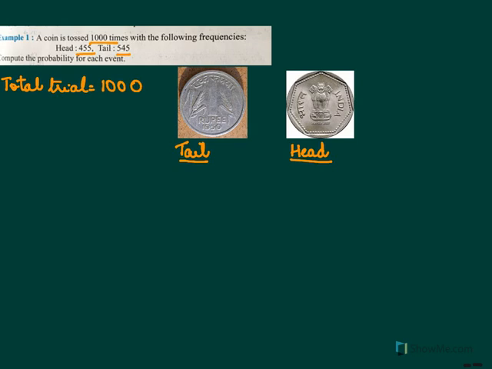And when it was tossed 1000 times, 455 times came the head. The head came 455 times. And the tail is given there 545 times. So let's write: number of times that the heads came was 455.